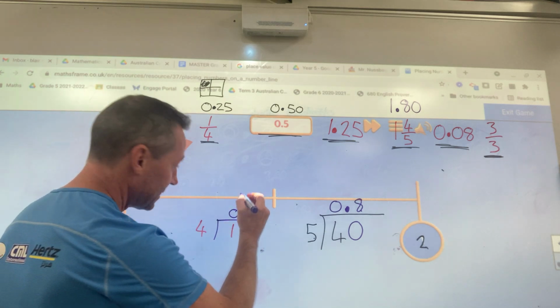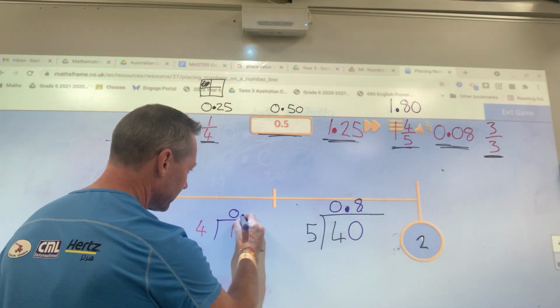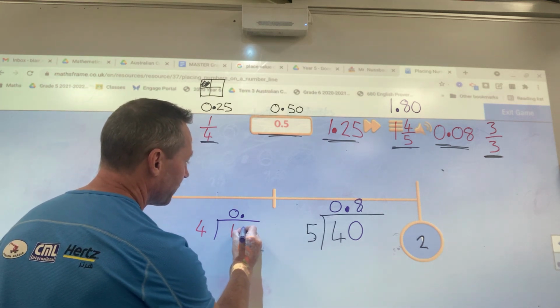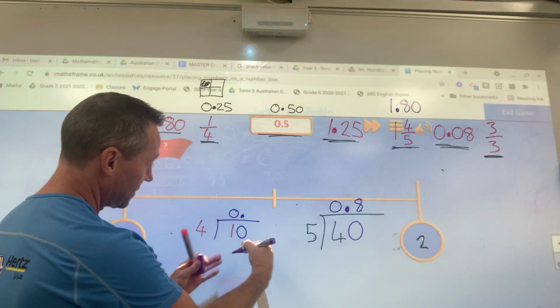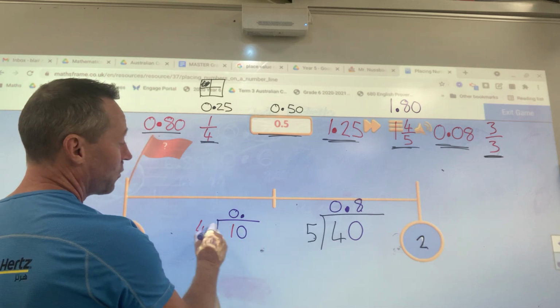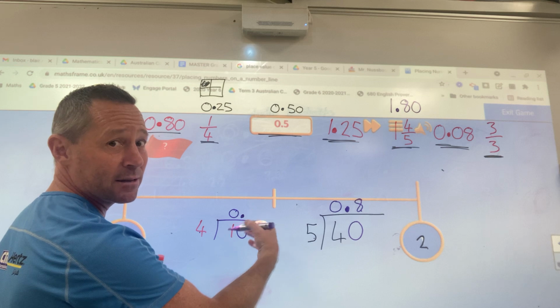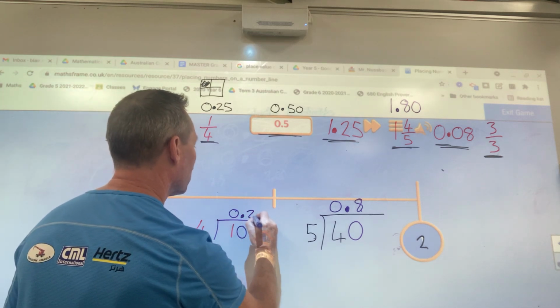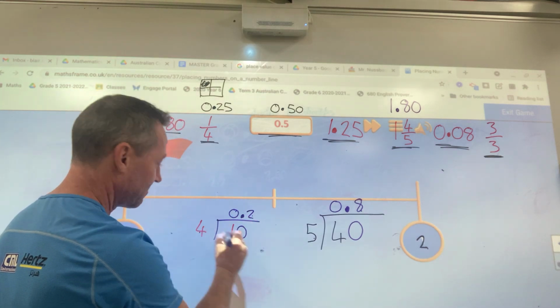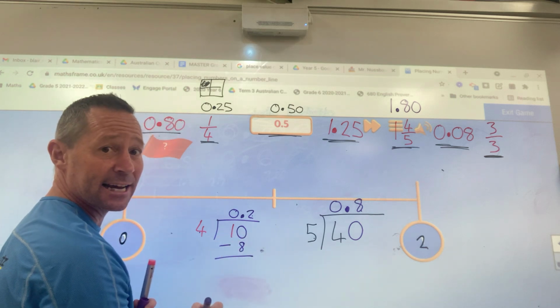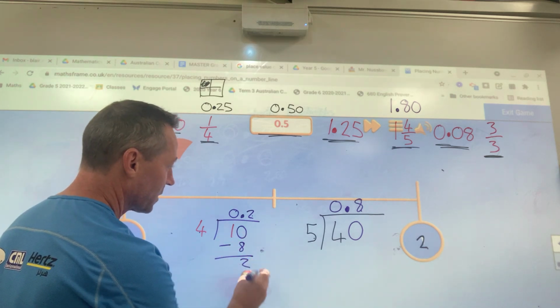Then I put a decimal point. Next thing is I put a 0, which is the placeholder here. Can 4 fit into 10? It can. Not evenly. How many? 2. 2 times 4 is 8. Do a minus. 10 minus 8 leaves 2.